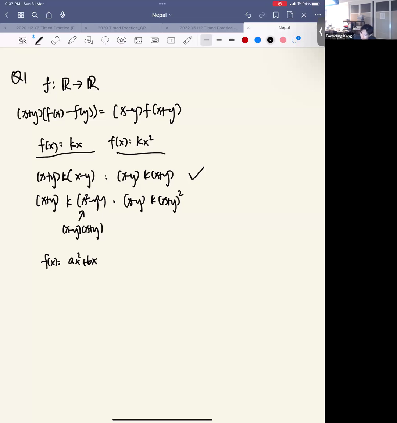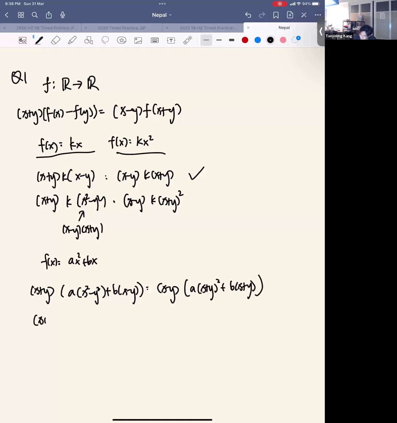This actually works because you see (x plus y) times [a(x squared minus y squared) plus b(x minus y)] goes to (x minus y) times [a(x plus y) squared plus b(x plus y)].